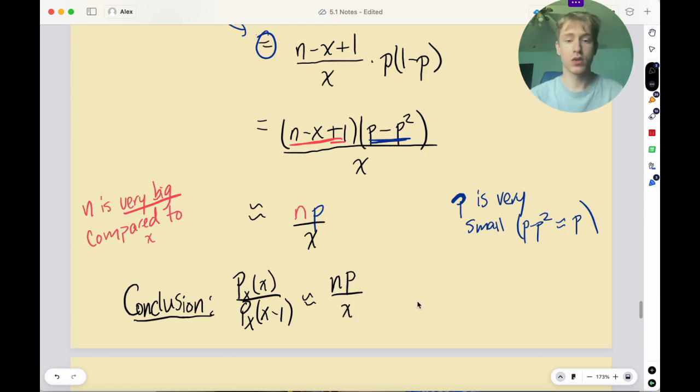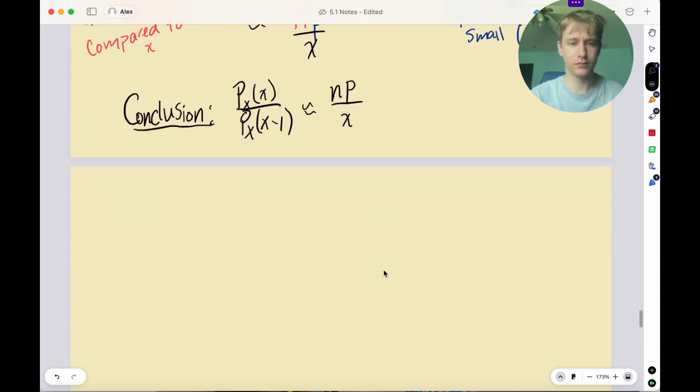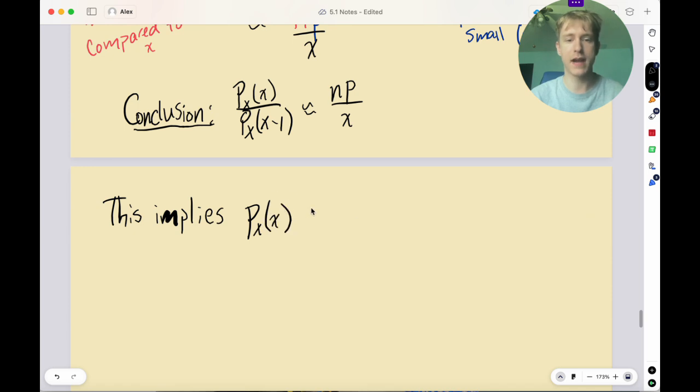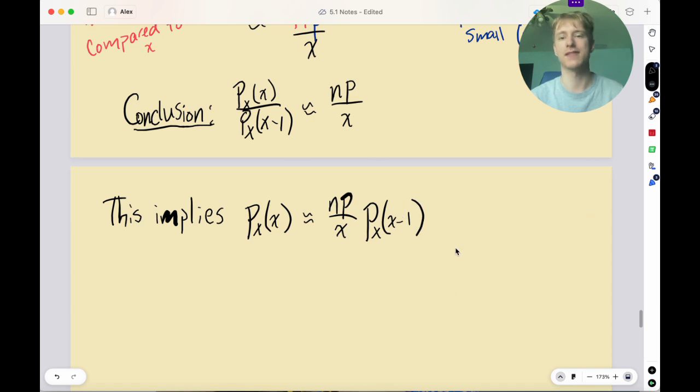So this implies that the probability of x successes can be defined recursively as np over x times the probability of getting x minus 1 successes.